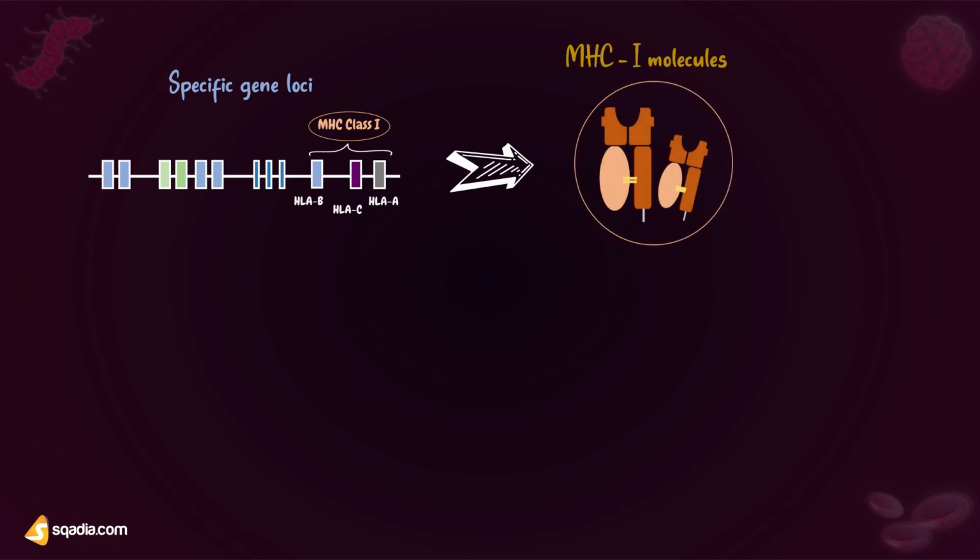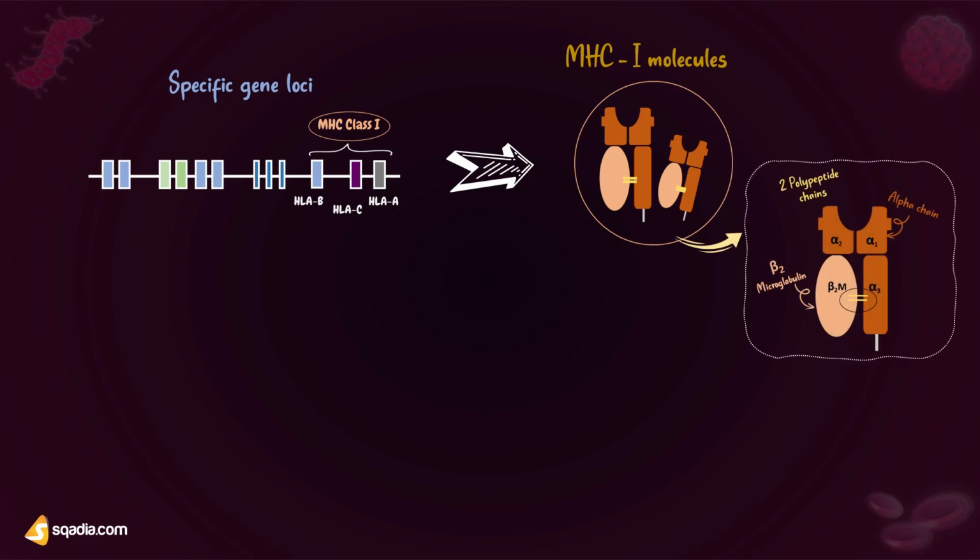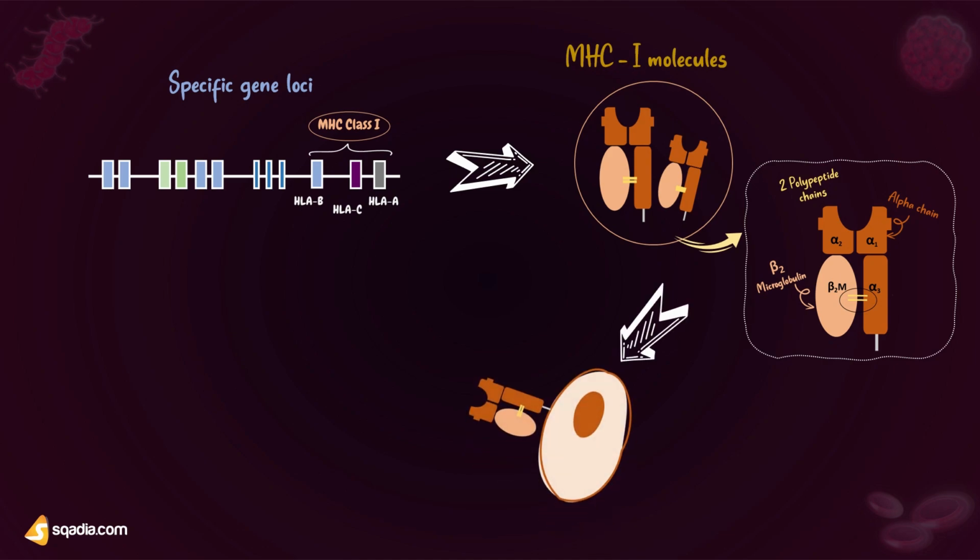These molecules are heterodimers with an alpha chain and an associated beta chain. They are found on the surface of almost all nucleated cells. And over the surface, these molecules mainly represent endogenous antigen. And this presentation is for the cytotoxic T lymphocytes or CD8+ T cells.